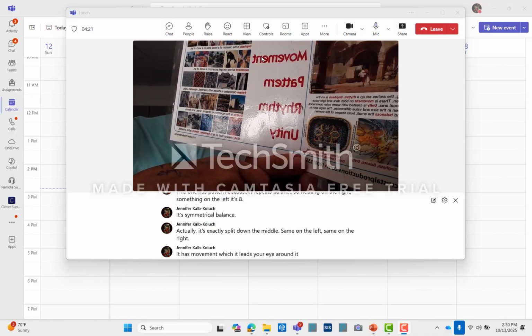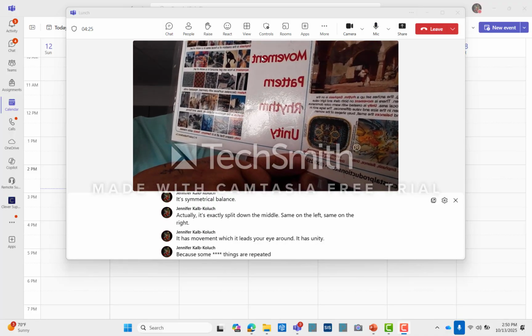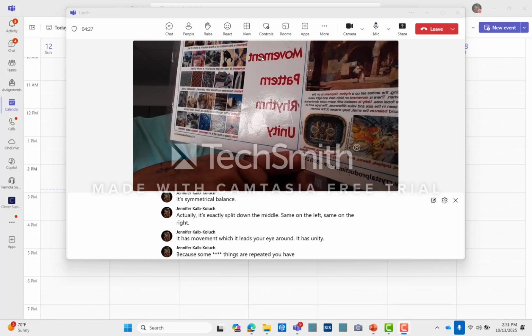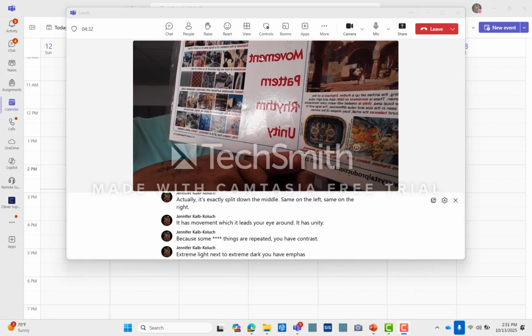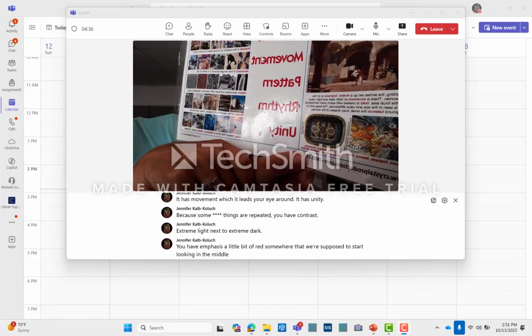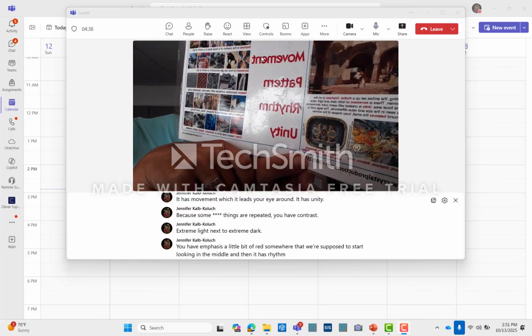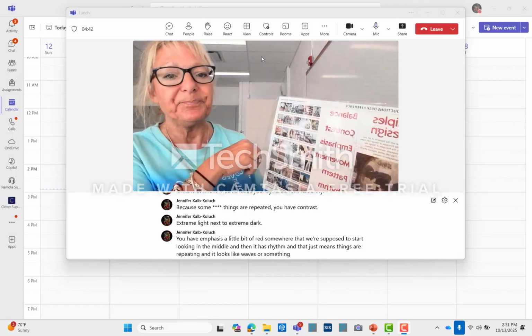It has unity because some things are repeated. You have contrast, extreme light next to extreme dark. You have emphasis, a little bit of red somewhere that we're supposed to start looking in the middle. And then it has rhythm, and that just means things are repeating. And it looks like waves or something, okay?